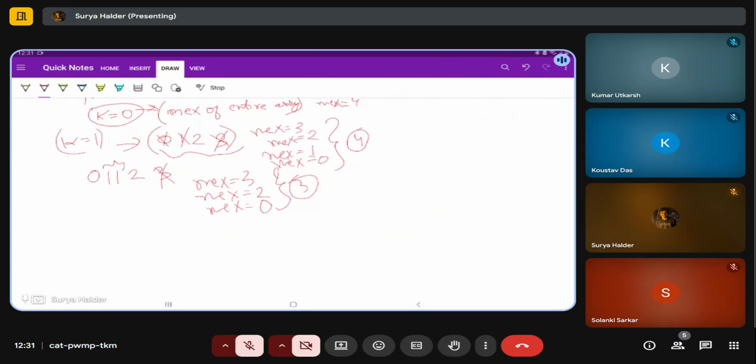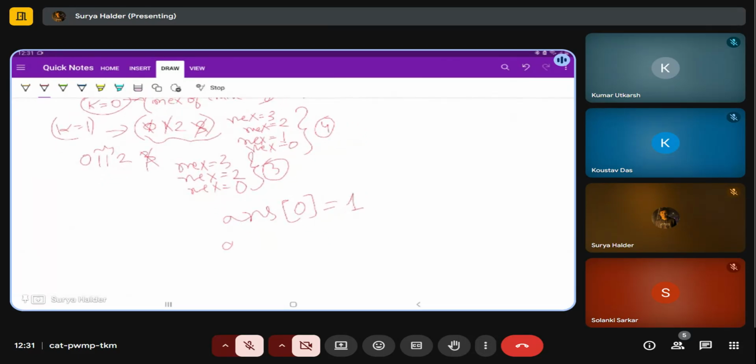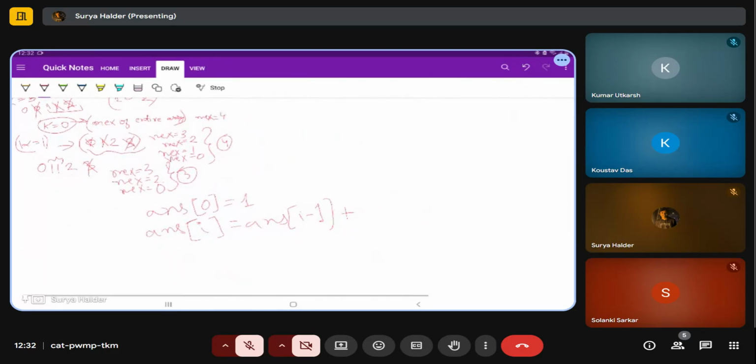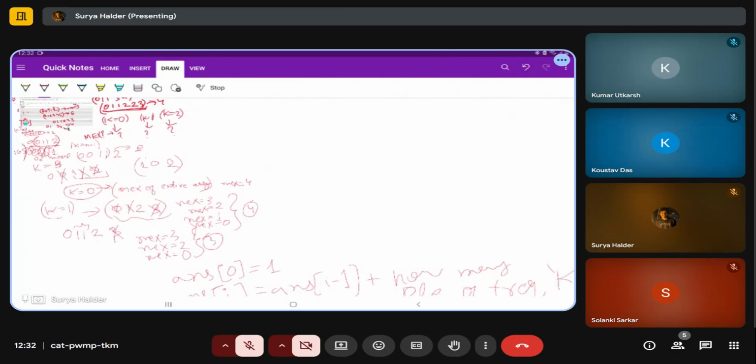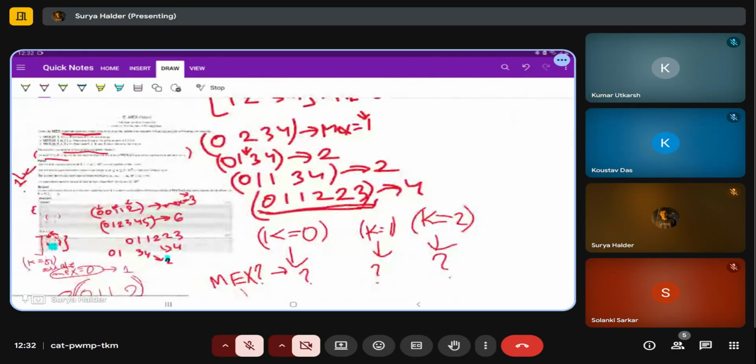So my formula will be such that answer of 0 will contain 1, which will be the entire array's max, and answer of i will be equal to answer of i minus 1 plus how many elements of frequency k, and I will go on to solve till this pivot.